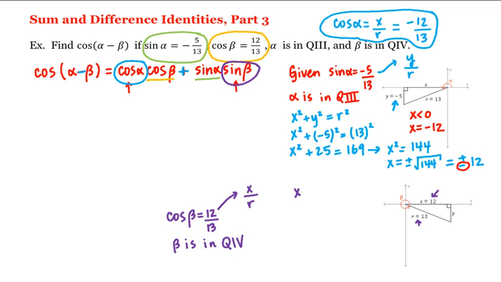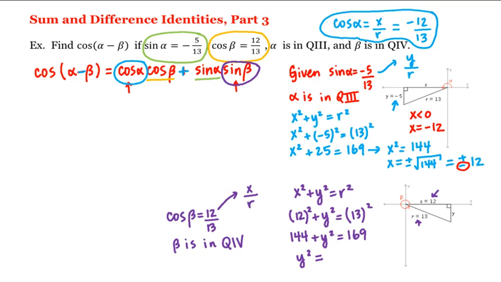Namely, x squared plus y squared is equal to r squared, or 12 squared plus y squared is equal to 13 squared, or 144 plus y squared is equal to 169, which means y squared is equal to 169 minus 144, which is 25.